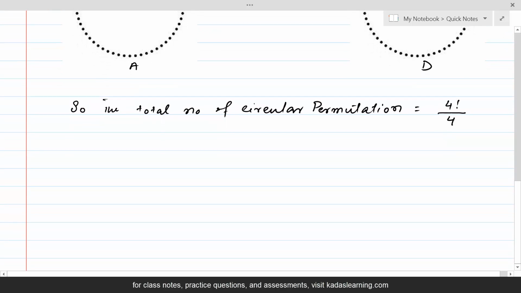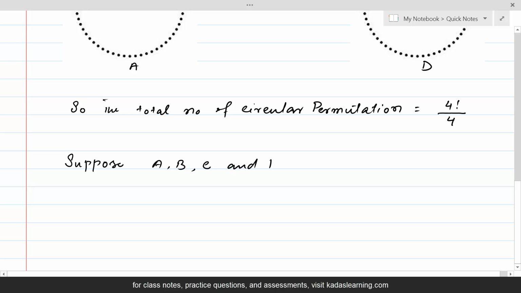But if we were to make linear permutation, suppose A, B, C, and D were to be placed along a line.